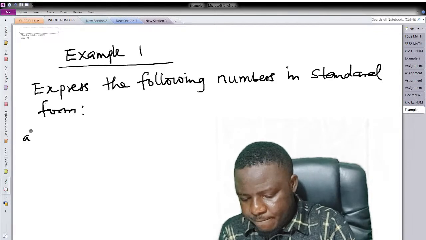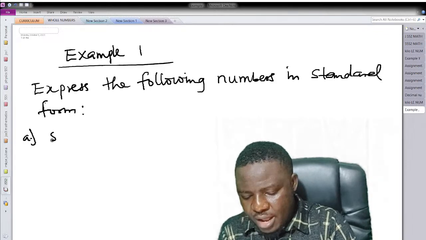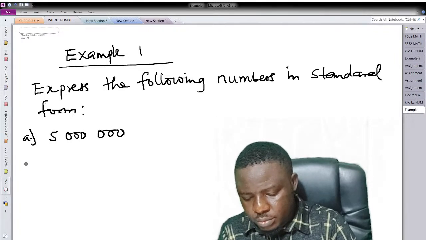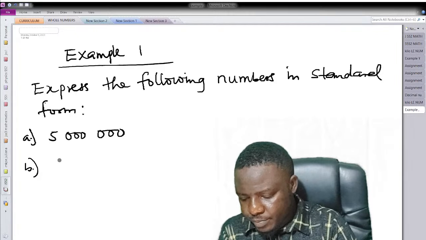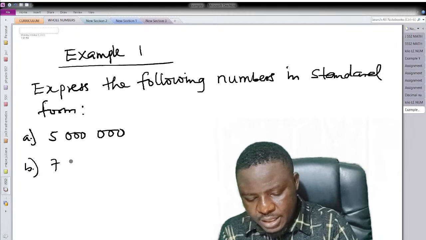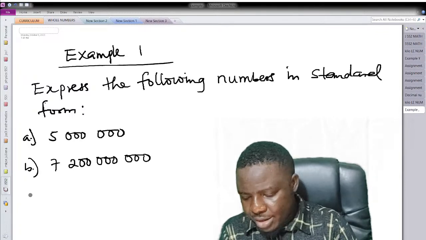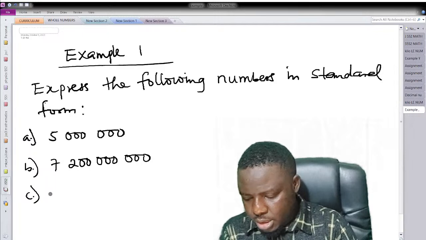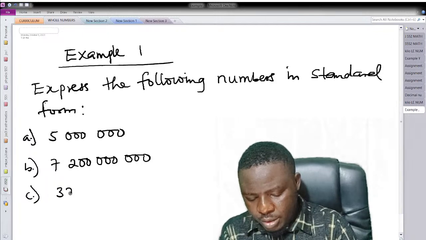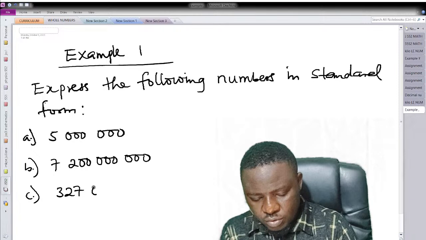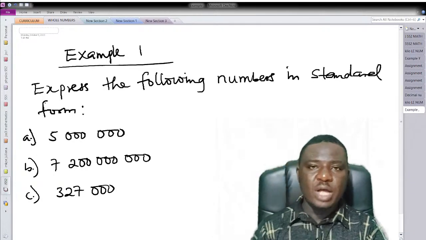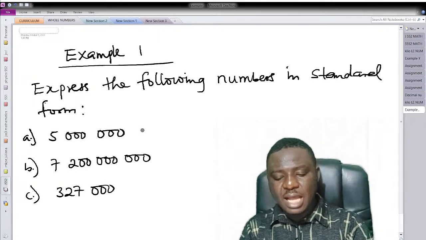A, we have 5 million. B, 7 billion 200 million. And C, 327,000. We have to express these in standard form.